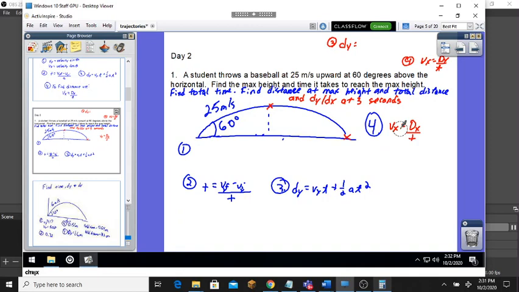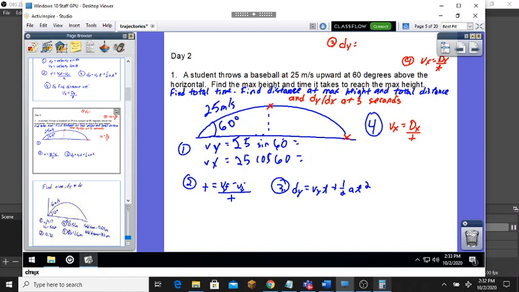So this should be Vy and Vx. If we look at our notes, you can see up here, it's velocity sine of the angle. So the velocity is 25, sine, velocity cosine, and the angle is 60.